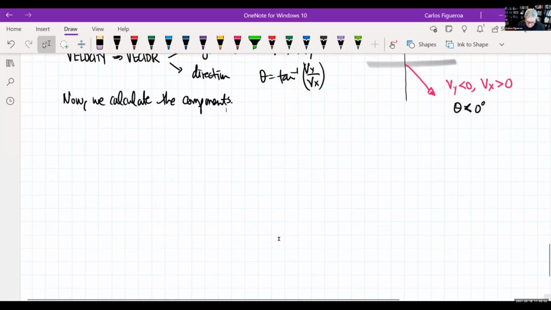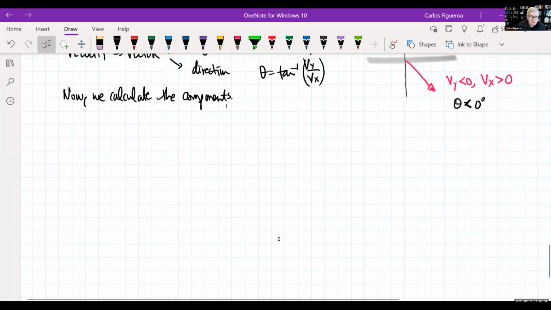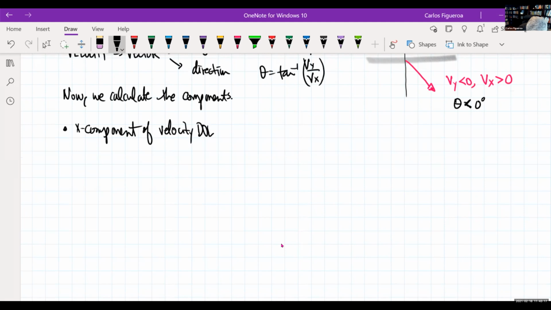What's special about this? Well, for starters, we know that the x component of velocity does not change.